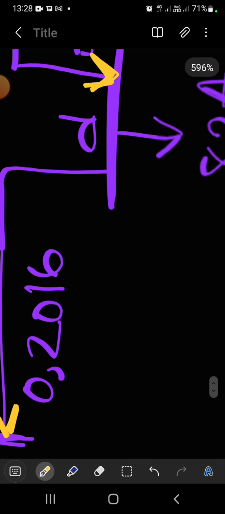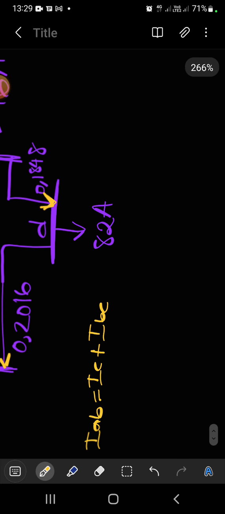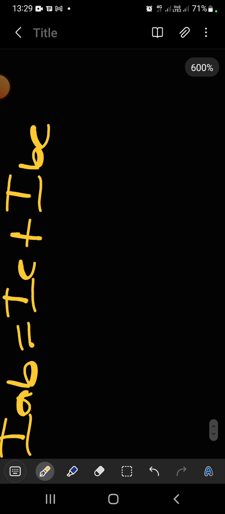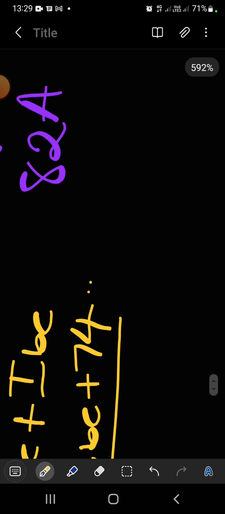So meaning our first equation is IAB is equal to I at B plus IBC. This is plus. Yeah, that's plus. So now you have current AB as IBC plus 74. Let's call this equation 1.